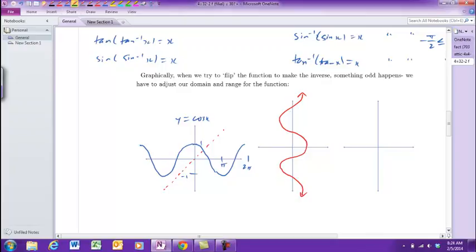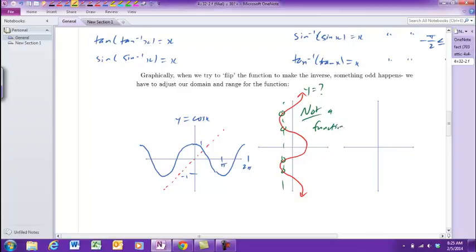It does not satisfy the vertical line test, because if I draw a vertical line, it's hitting in more than one place. So we went from a function, we tried to do the inverse, but all of a sudden we don't have a function defined anymore. And the reason is that cosine x is not 1 to 1. And you probably talked about that in pre-calculus. So this is not a function.